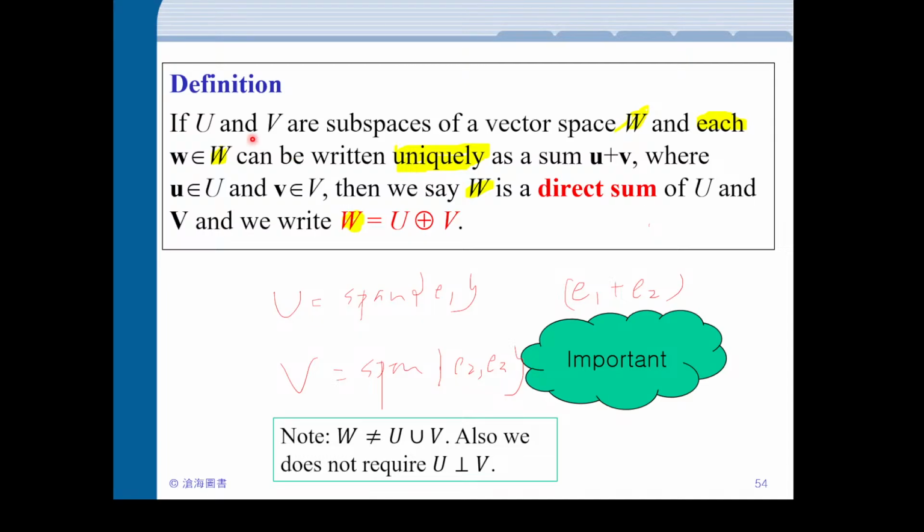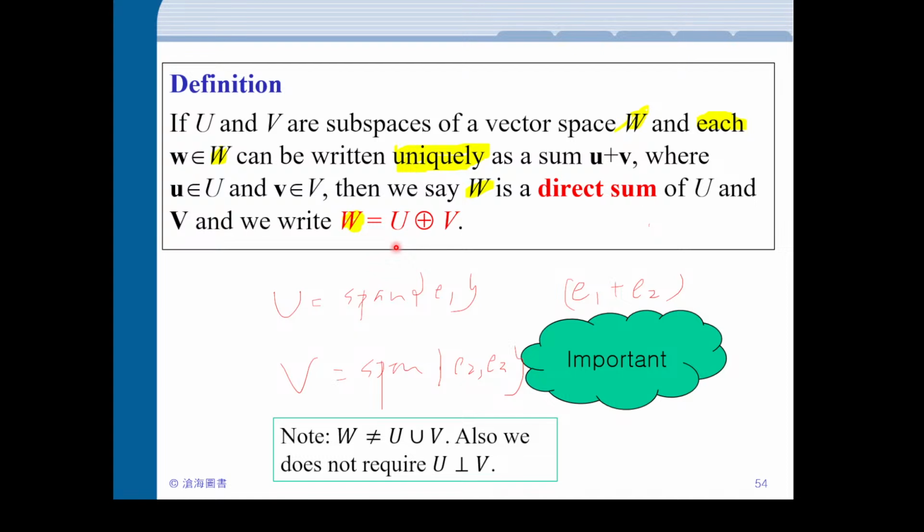Each means U and V together should span the whole W, and uniquely means U and V cannot have an overlap. You cannot have something that can be written in two ways as something in U and something in V. They need to sum together perfectly to W.